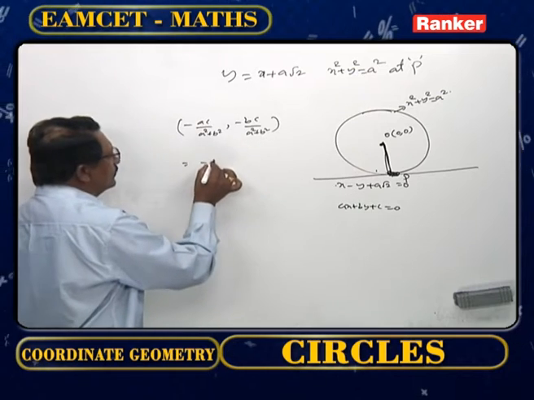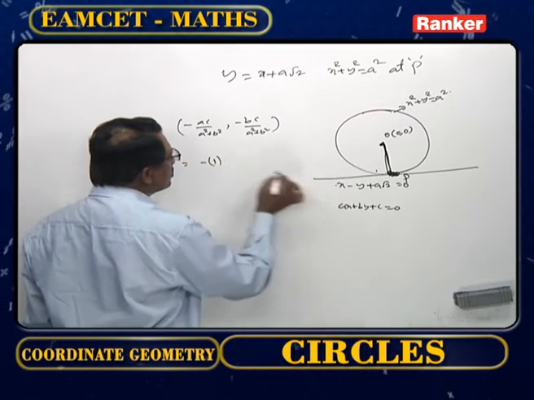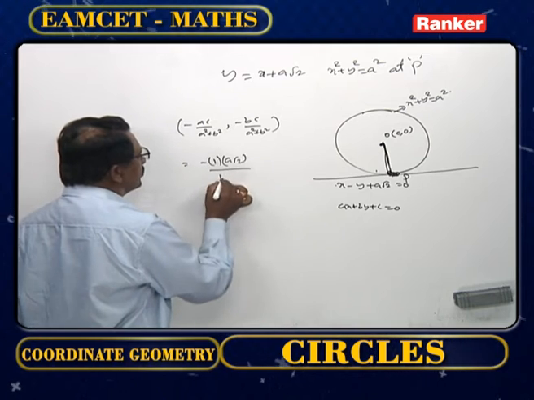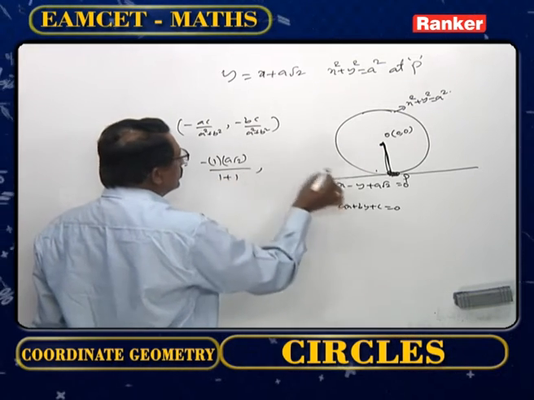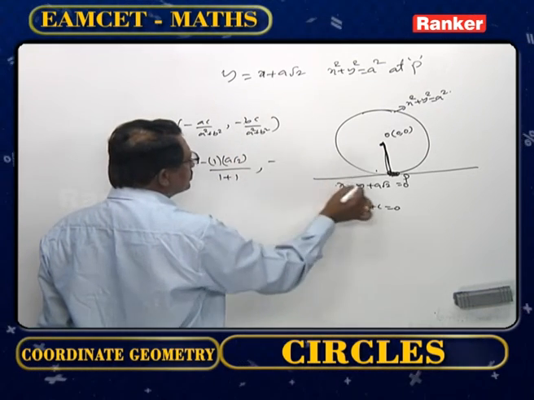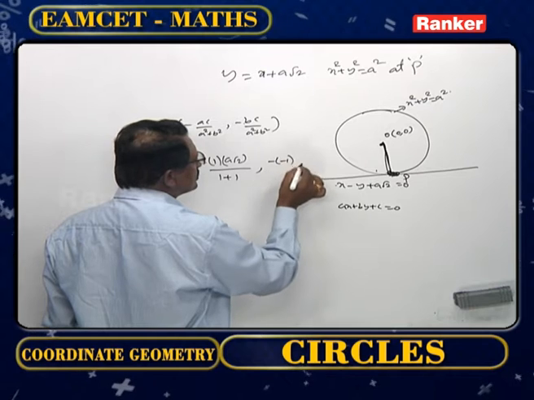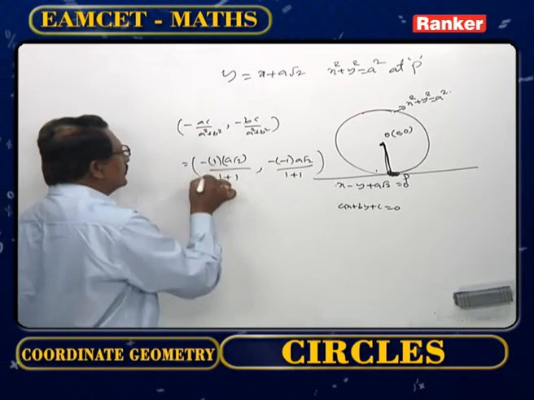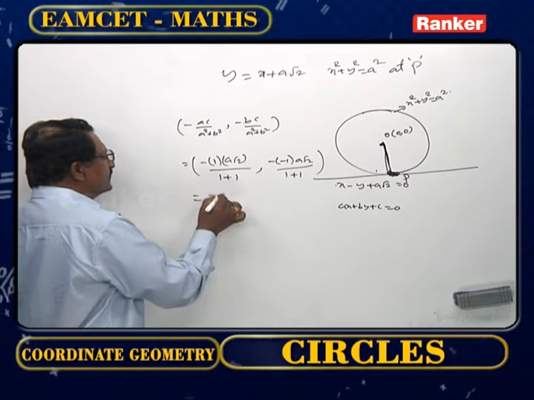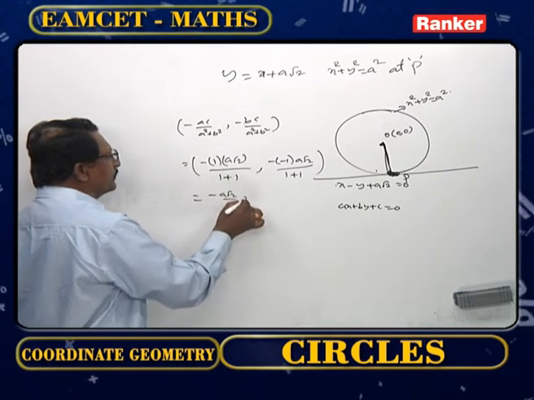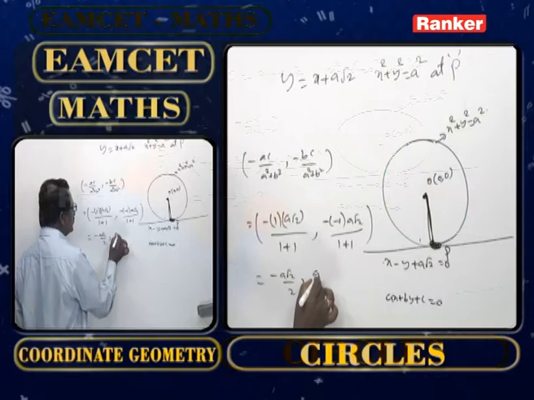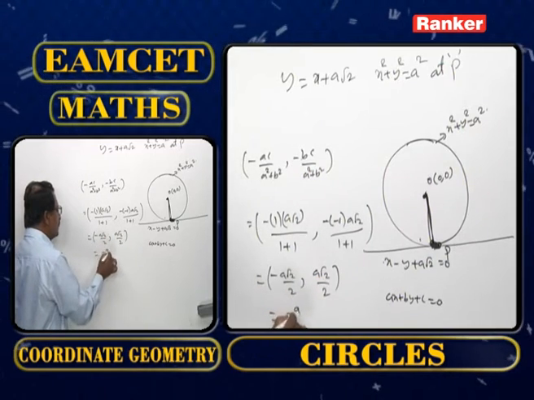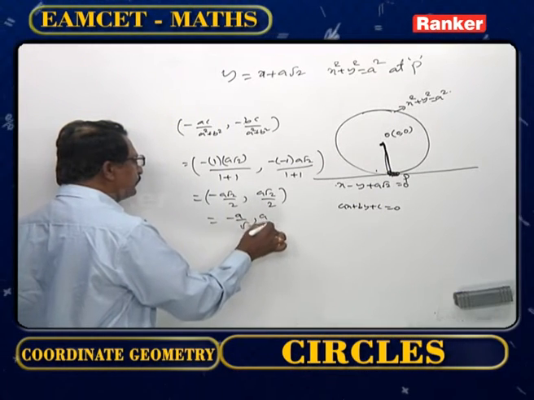Here a equals the coefficient of x, which is 1, and c equals a root 2, with a square plus b square equal to 1 plus 1. So minus a root 2 by 2, and minus of minus a root 2 by 2, that equals minus a by root 2, a by root 2.